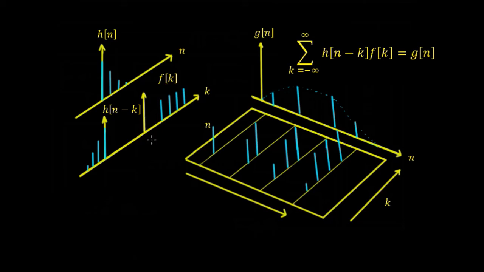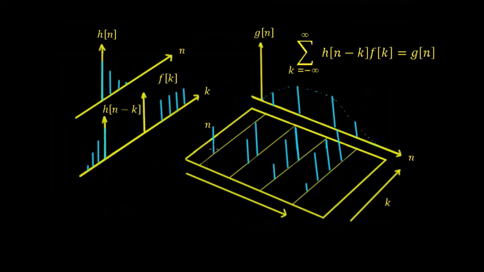We can see graphically that we've split the variables here, so k is the dummy variable that we've added, and this is the k-axis along here, and this is the n-axis along here. Whenever we go to do the convolution, we're simply sliding this function along on top, and whenever this part of the function sits on top of that, we simply multiply these two together.